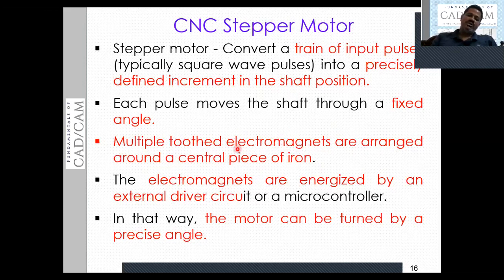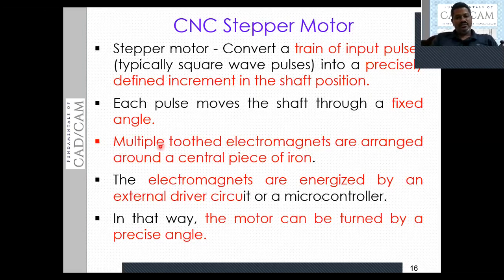When we get the magnetic power using electricity, we can call those magnets electromagnets. Those have multiple teeth, and they are also coiled together with a winding. When we give the electricity, these electromagnets will generate magnetic power, and according to that, the rotor is going to rotate. This is what happens.